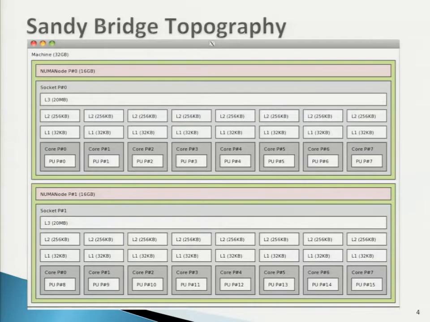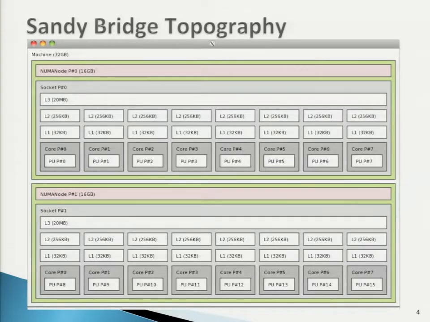That means that on the node, we have a total of 32 gigabytes of RAM. Any of the cores, these are the cores enumerated along here, any core on any socket can access the memory in either one of these NUMA domains. But as we'll see later on, it might look like a flat memory model, but there's a big penalty you can pay if a core, say this core over here, tries to access memory on this socket.